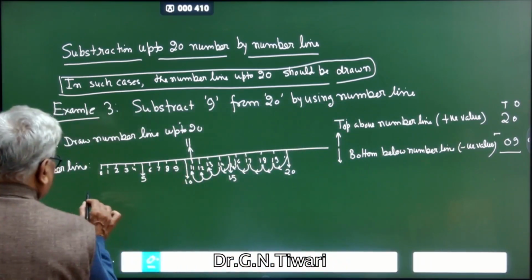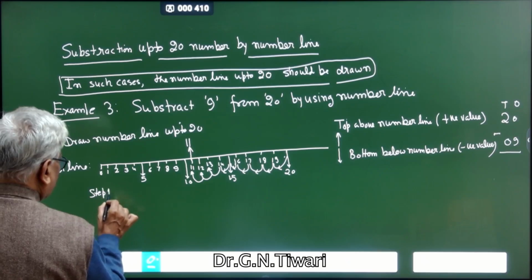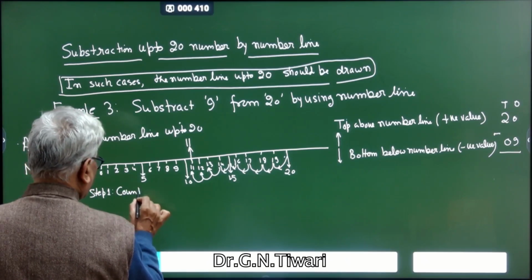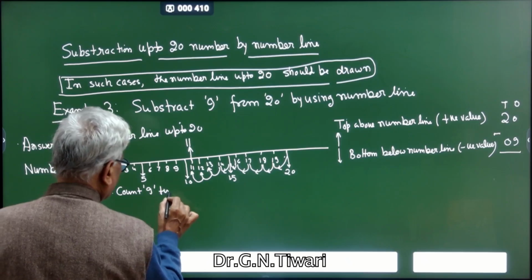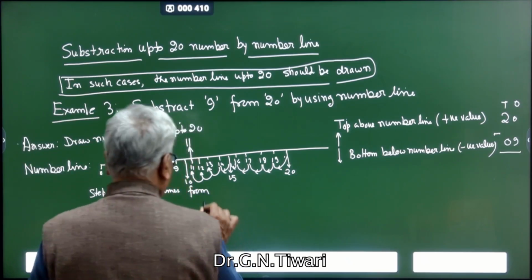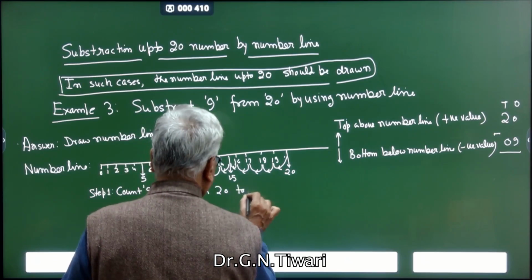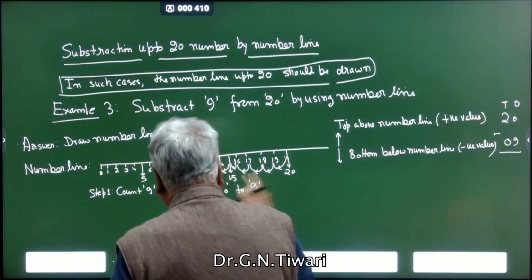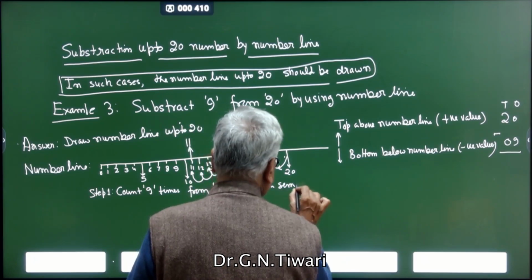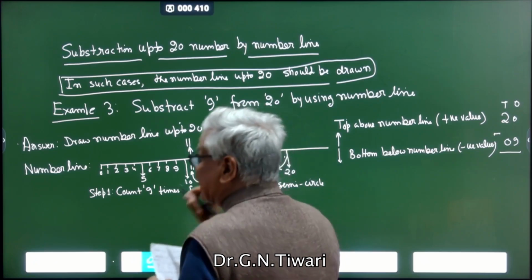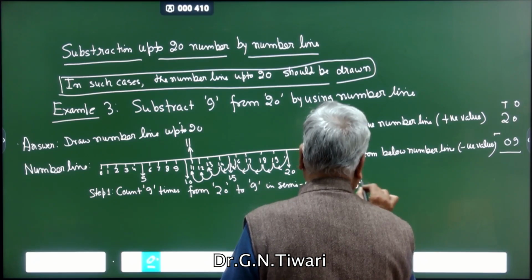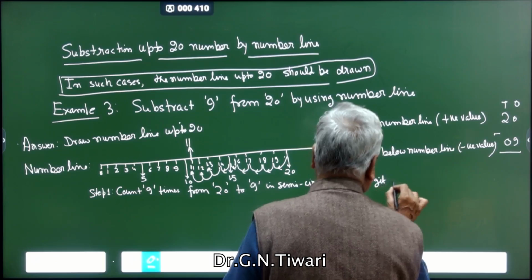Step 1: count 9 times from 20 to 9, यानी 20 से 9 करना है, in a semicircle, step by step, by single digit, at bottom.